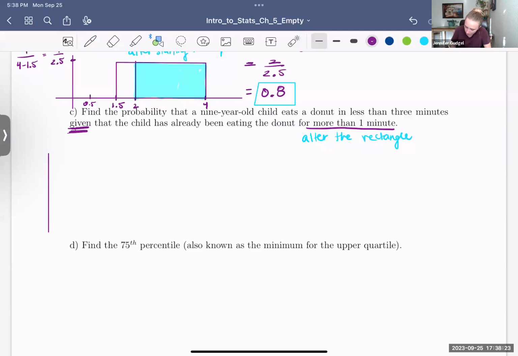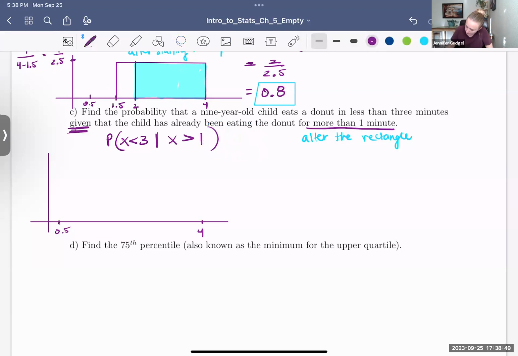So instead of going from 0.5 to 4, like our normal situation would, we are going from 1 to 4. The probability of a child eating a donut in less than 3 minutes, given that the child has been eating the donut for more than 1 minute.